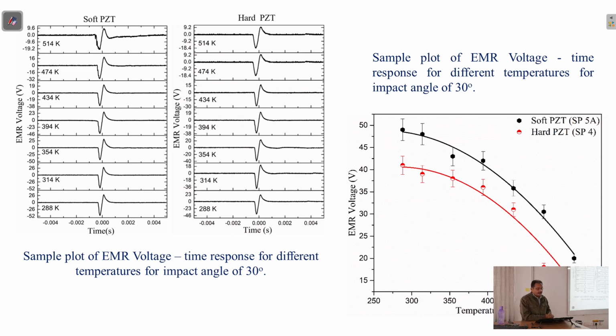So this shows the variation. These are just sample plots of the signals obtained, and here you have the EMR voltage versus temperature. Temperature is in Kelvin here. So the first value could be considered the room temperature.